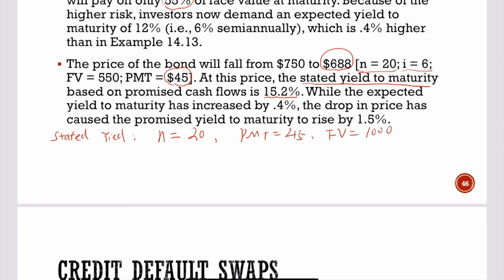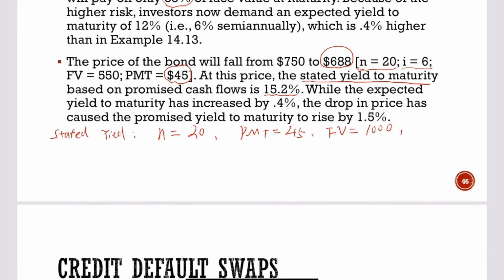Why are we using 1,000 as the future value? Because we're calculating the stated yield to maturity by assuming there is no default. And we want to look for the yield, so we use the present value, which is 688.